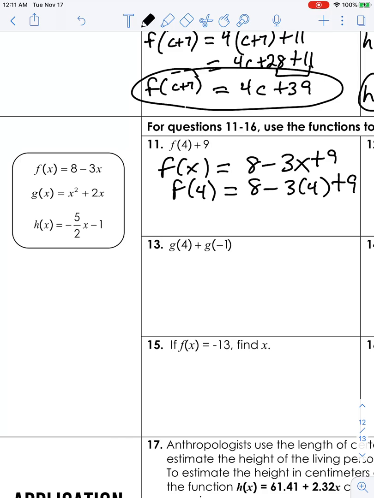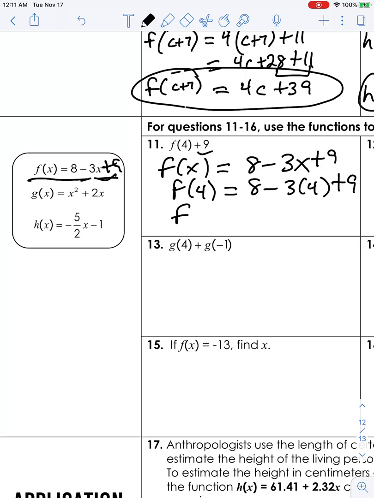So it's basically the equation that it's giving you, and then plus 9. Meaning you're plugging 4 in for x, and then you're adding 9 on the end of it, because of that right there.